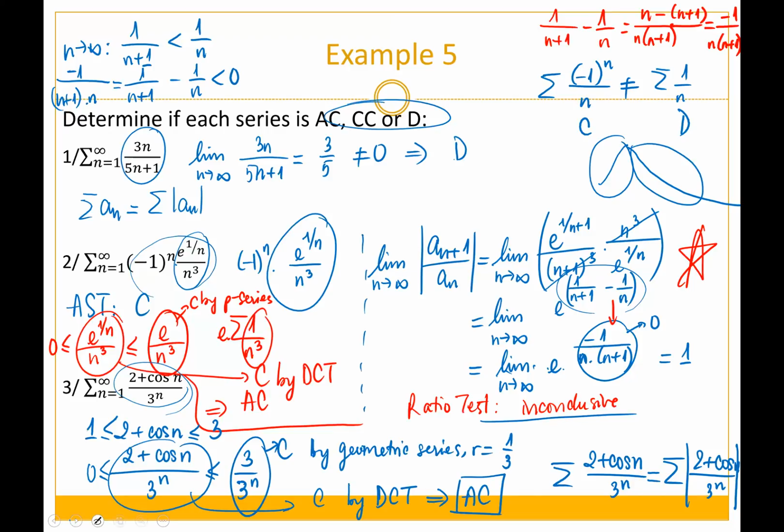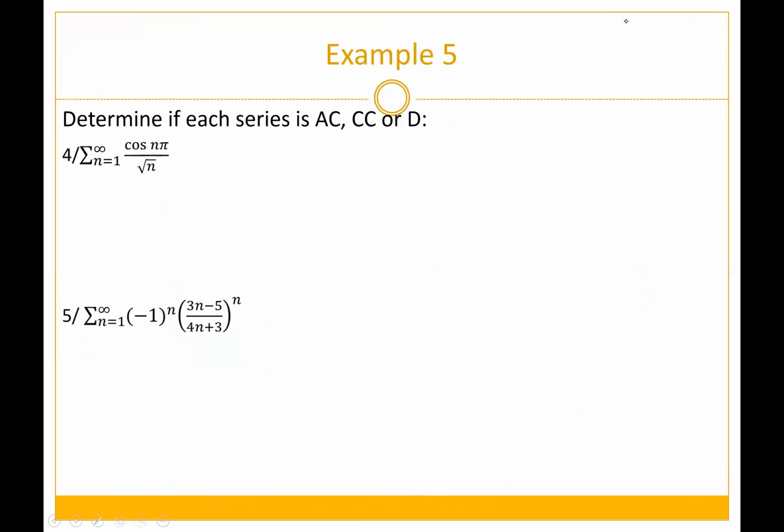Okay. So having said that, we also have exam questions 4 and 5. So 4, I would say it's very self-explanatory to you guys. First of all, the series is cosine of n pi over square root of n. So I think we did one of the examples similar to this. It's going to give us the hint that it's an alternating series.